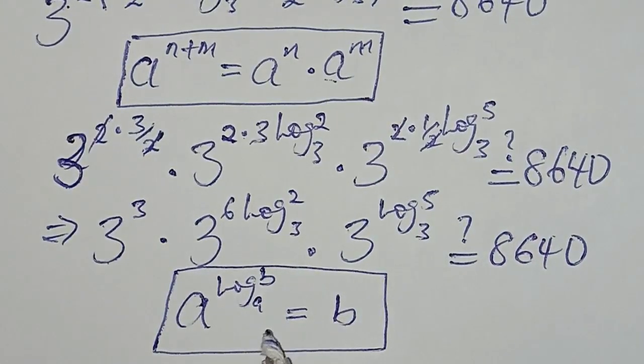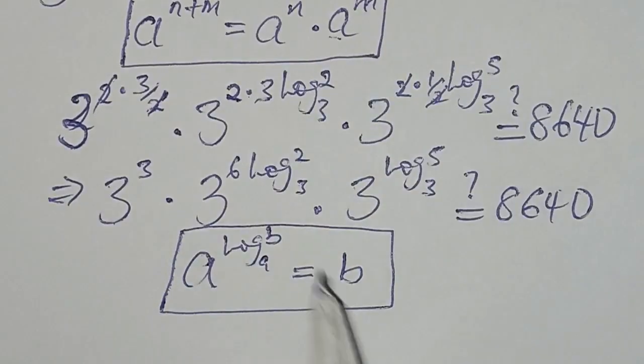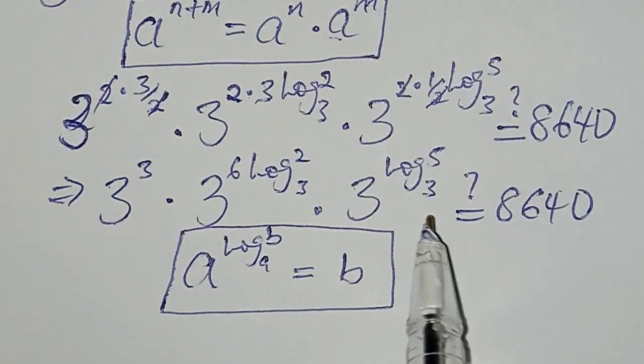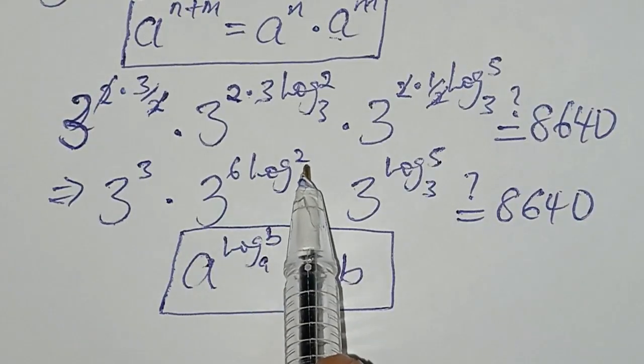This is an identity of log which we use to simplify this and this. So it means our b here represents 5, likewise 2.